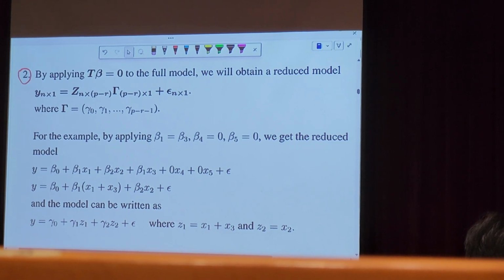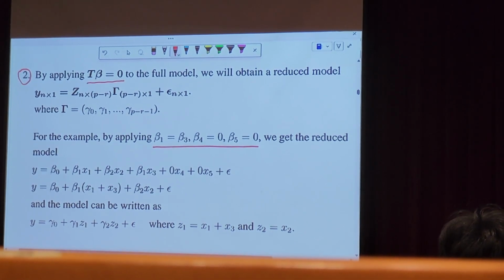So for that example, let's try to apply the constraints. That means applying this: beta 1 equal to beta 3, beta 4 equal to 0, beta 5 equal to 0 is the same as applying T times beta equal to 0.